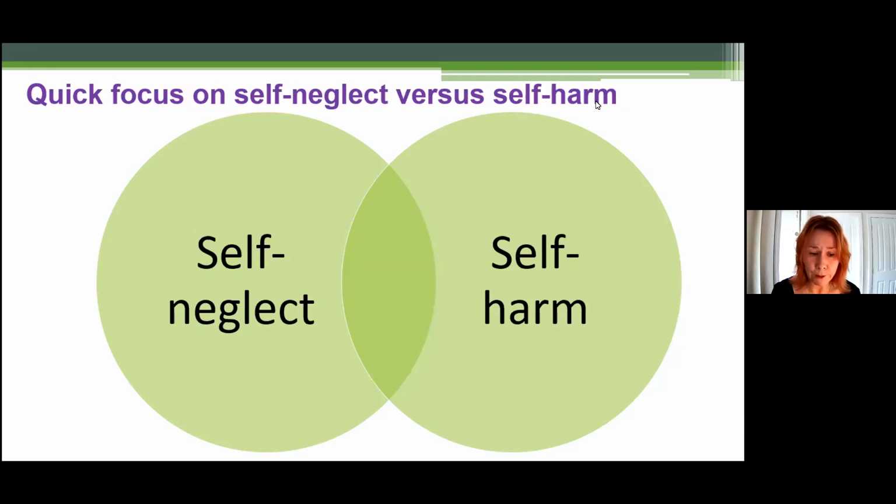For example, self-harm in the form of suicide, attempts to take your own life or threats to do so is not self-neglect, that is self-harm. That type of behaviour might need a crisis intervention through the police, through the ambulance service, or the mental health crisis team.